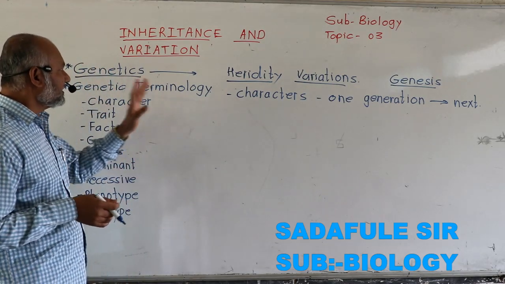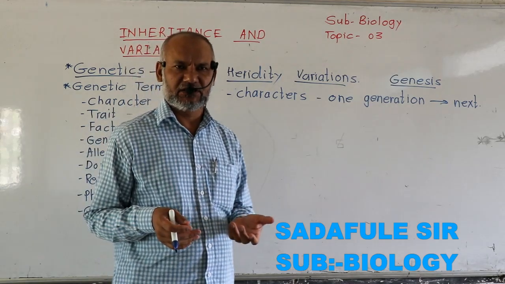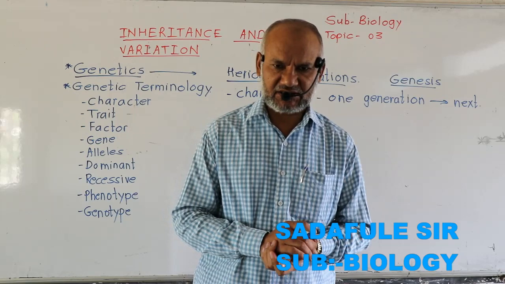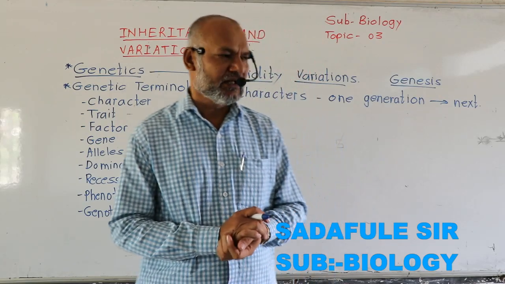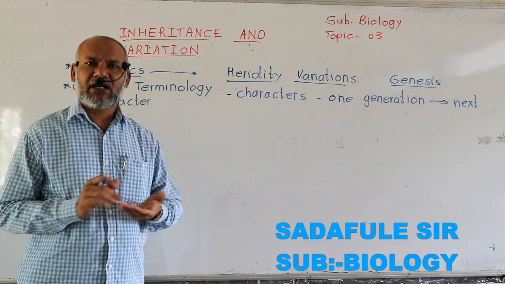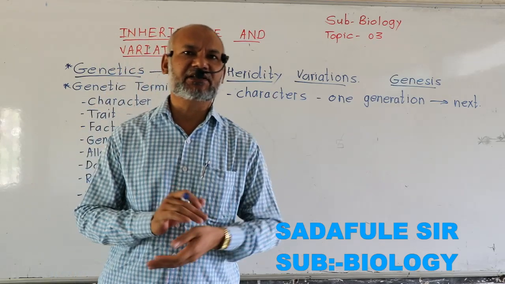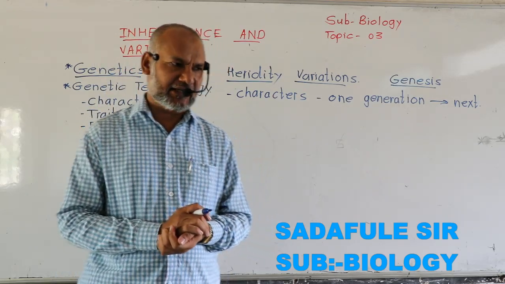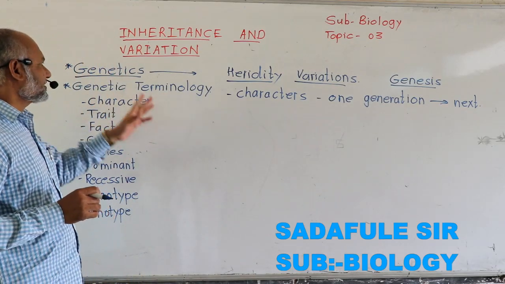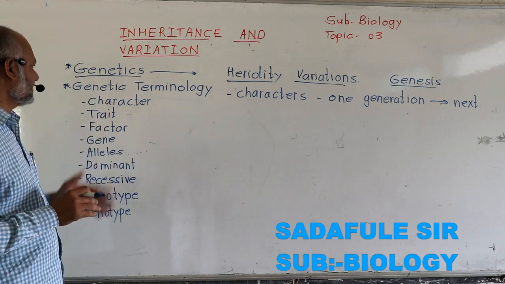In this topic, we have to study the details about genetics, then a brief history about the father of genetics, that is Gregor John Mendel, then the experiments carried out by Mendel, the experimental material used by Mendel, and so on. So we have to study the genetic terminology, the basic terms utilized in the study of genetics.